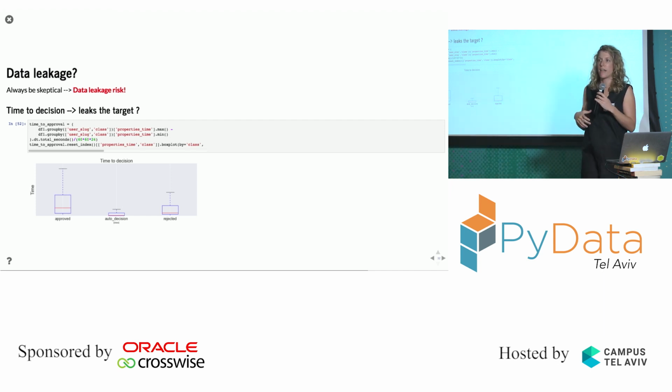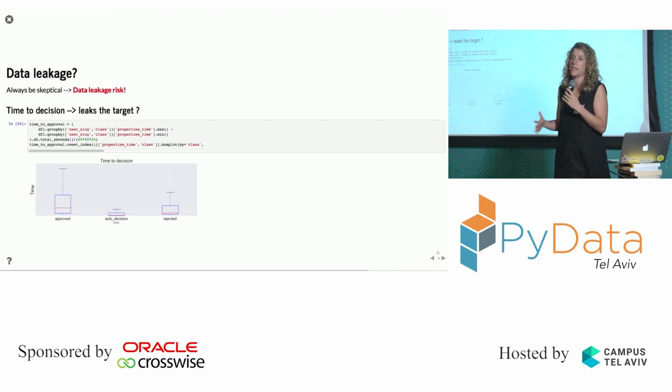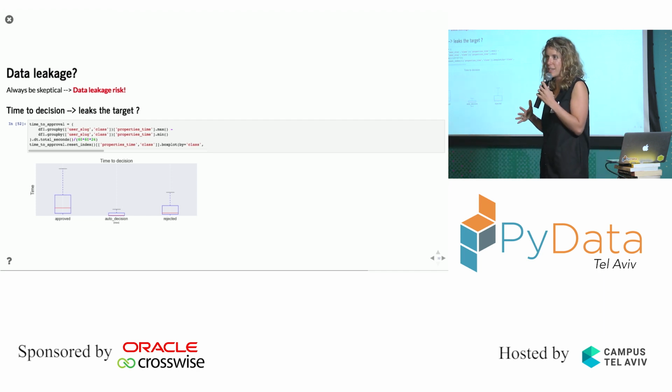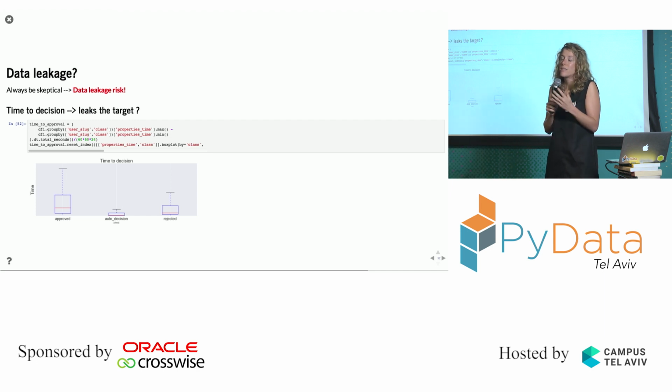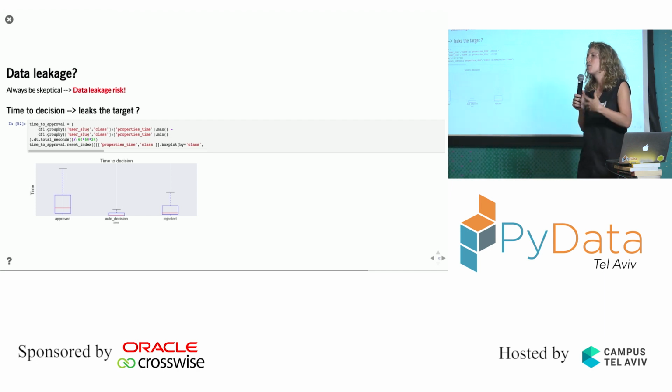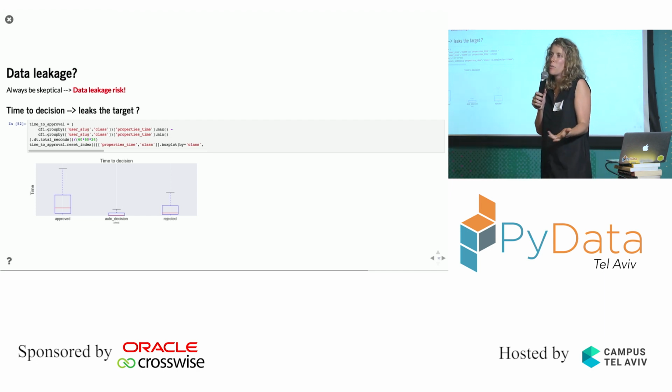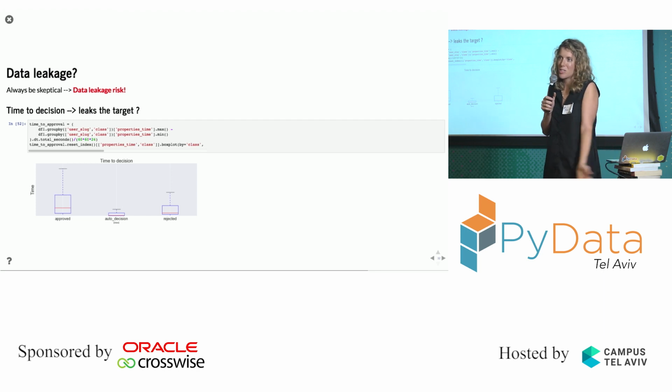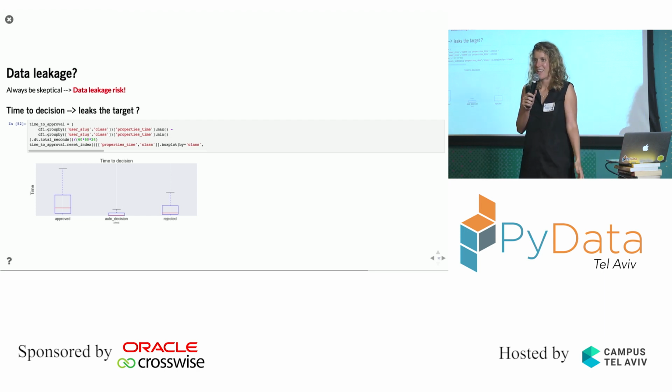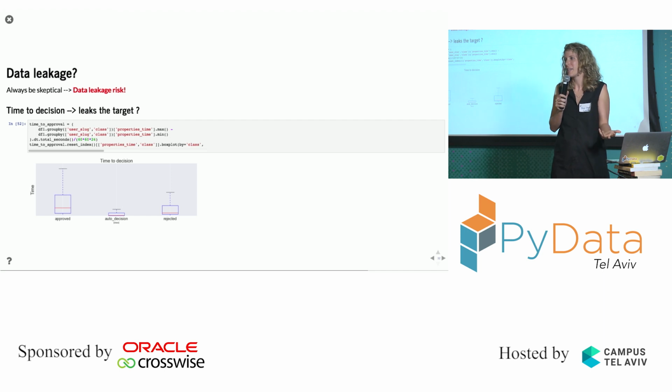If it takes a longer time to approve a user, and I have a feature which is the number of sessions the user did until approval, then naturally, if you take a longer time to be approved, you may do more sessions, right? Just because you have more time. So that I want to eliminate from my model. So how do I fix that?